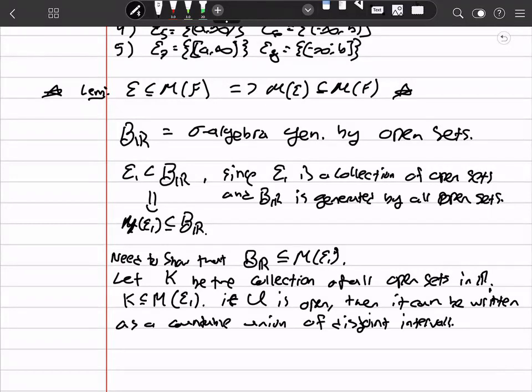The proof isn't too bad of that. So it can be written as the countable union of disjoint intervals, but we know that M of E1 is generated by the open intervals.